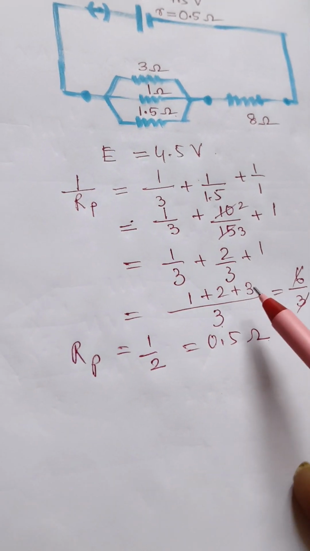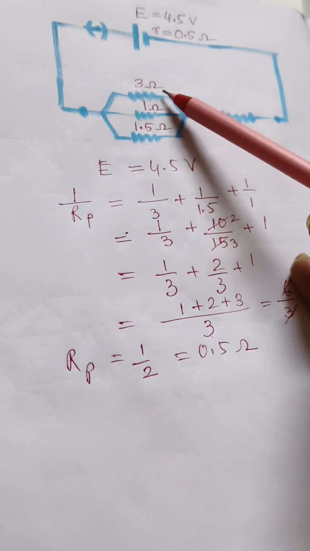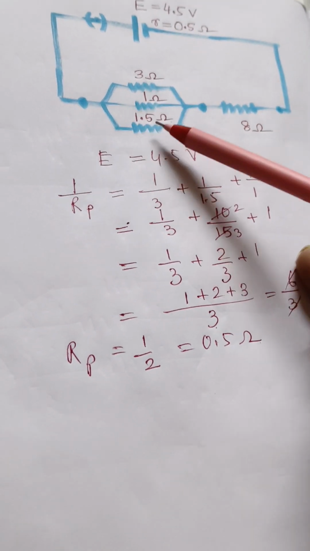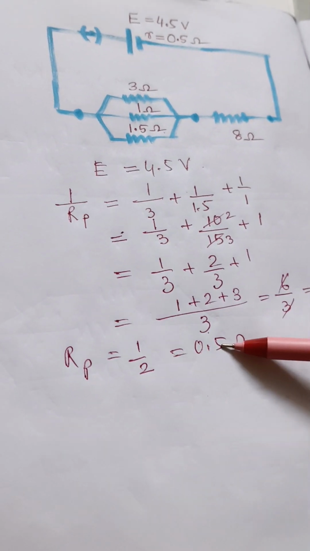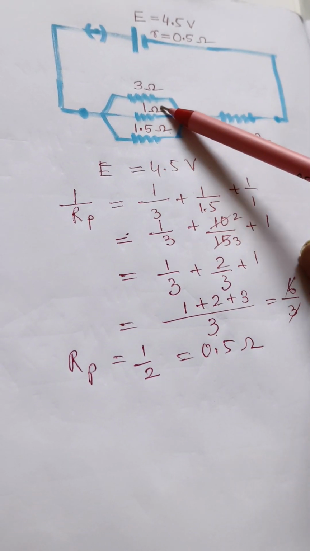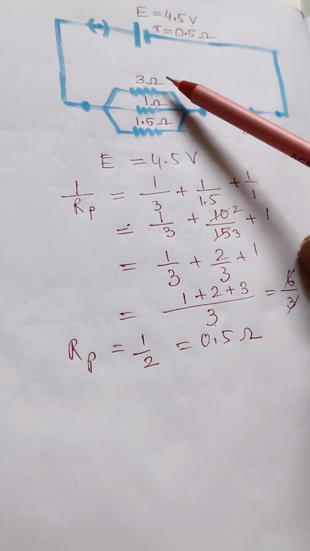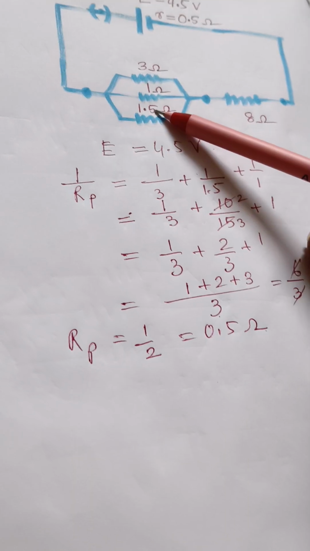And it is known to you, when resistances are in parallel, the equivalent resistance is even smaller than the smallest of the resistances. Keep that in mind. Here, the resistances which are in parallel are 3 ohm, 1 ohm and 1.5 ohm.